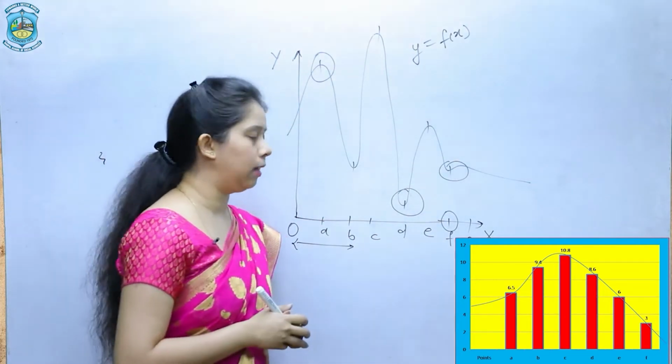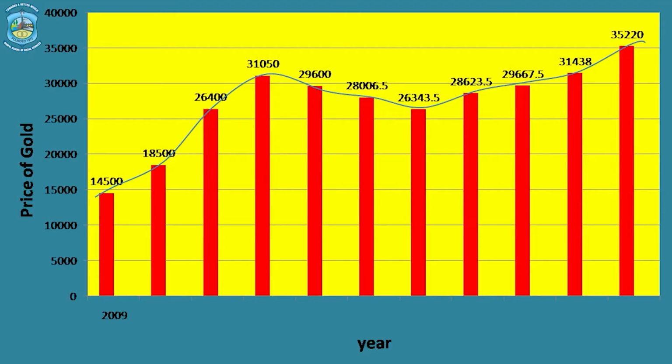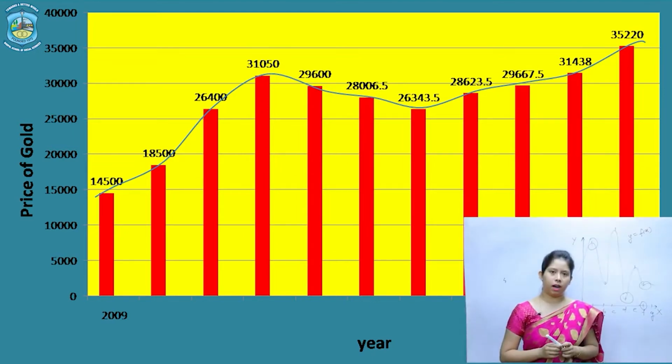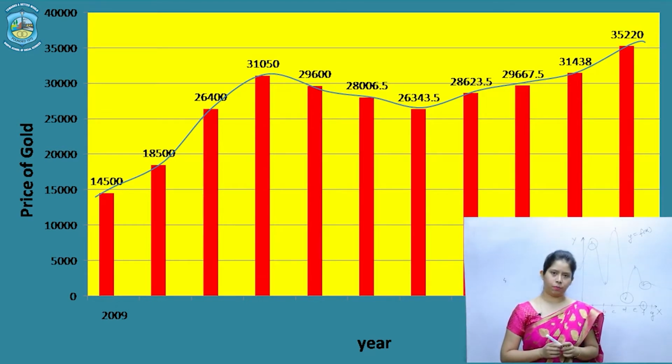So let us understand this with the help of one example. Let us consider a graph representing gold prices in India over the period of 10 years starting from 2009. We observe that the maximum value in the graph is 35,220 rupees attained in the year 2019.